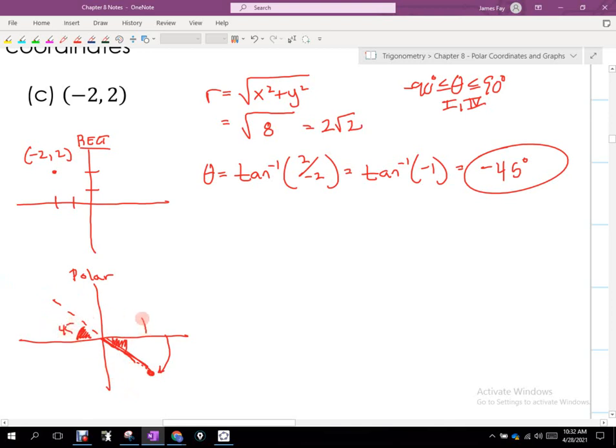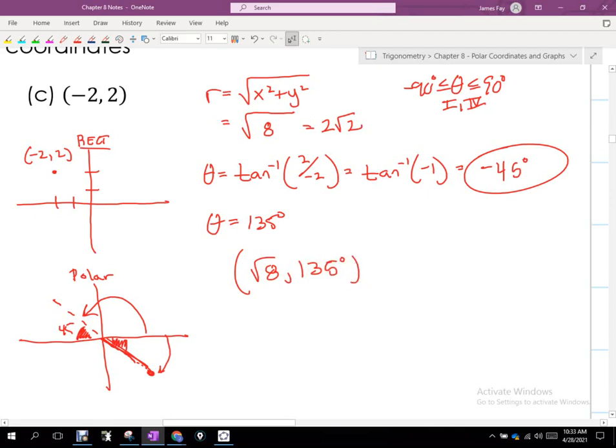So then the theta that we want from standard position would be that one, which would be 135, right? Which the 135 can be realized by taking negative 45 plus 180. Okay? So the real theta that we're interested in here is 135 degrees. So we get radical 8, comma, 135.